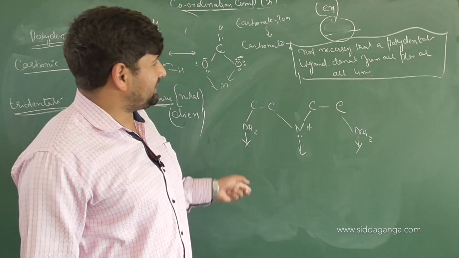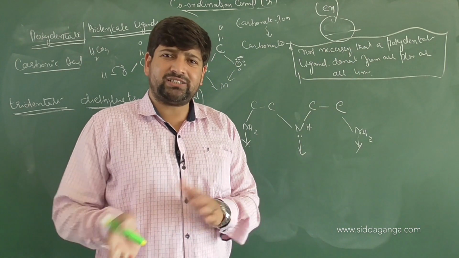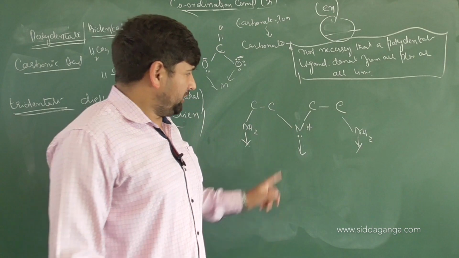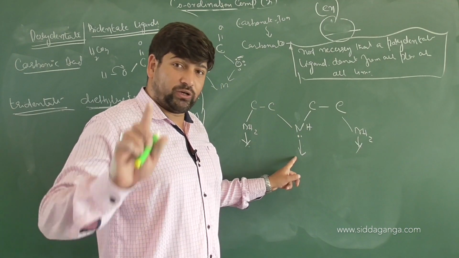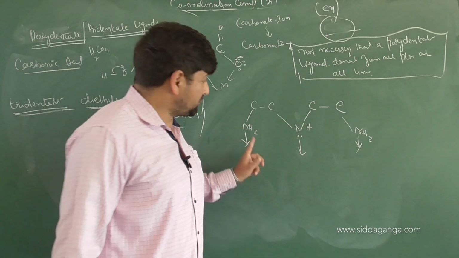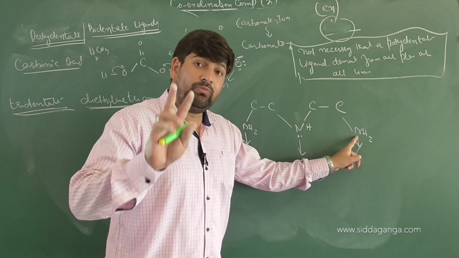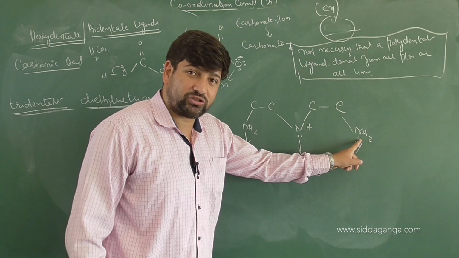Not always necessary that a polydentate ligand will always donate from all places. In different cases, it can donate from different places. If it is tridentate, it can donate from 1 place also. At that time, although it is tridentate, it is acting as monodentate. So ligation will be 1 only. From that ligand, how many coordination numbers are possible? From here, 3 coordination numbers are possible.